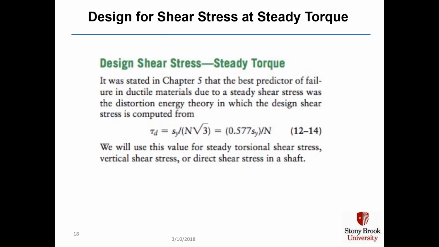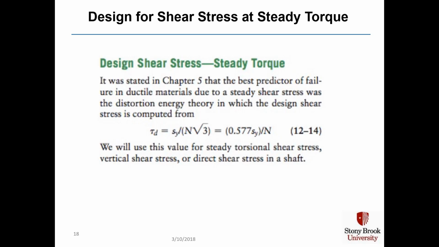Now, it was stated in Chapter 5 that the best predictor of failure in ductile materials due to a steady-state shear stress was our distortion energy theorem. In the distortion energy theory, the design shear stress is computed from the equation tau sub d equal to 0.577 times the ultimate stress divided by the safety factor, usually 2, but sometimes a safety factor of 3.